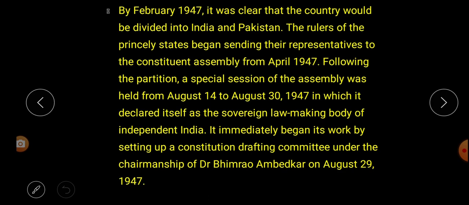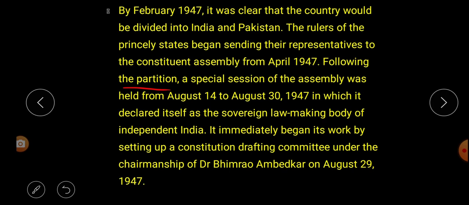The rulers of the princely states began sending their representatives to the Constituent Assembly from April 1947. What happened? The rulers of the princely states began sending their representatives to the Constituent Assembly. From when? From April 1947.